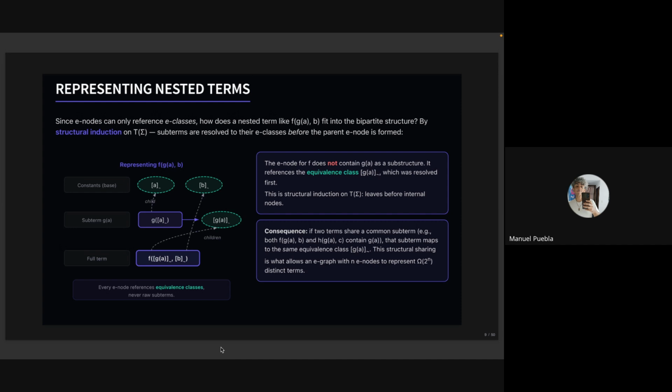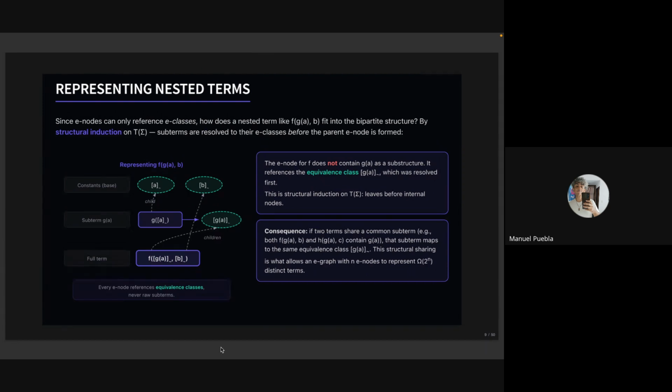Mathematically, this is not complicated to understand, because in math, you just state what you want to say. But when we cross to the implementation side, this is going to be a little bit sketchy, okay? If 2 terms share a common subterm, that subterm maps to the same equivalence class.